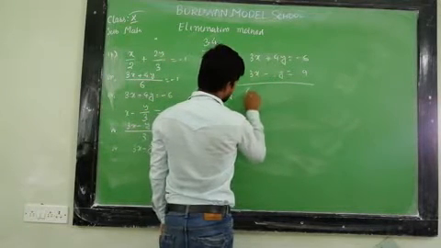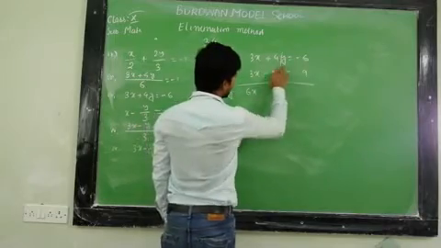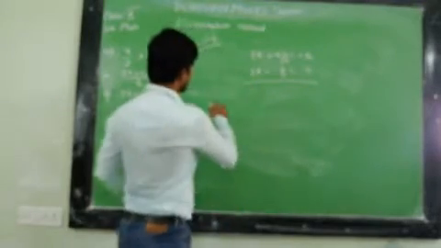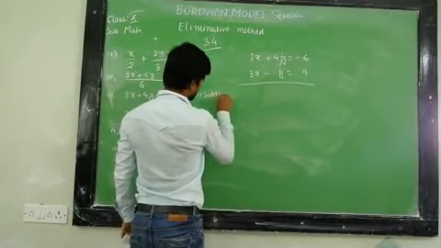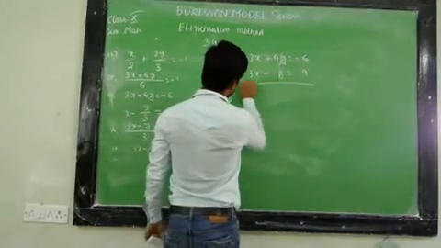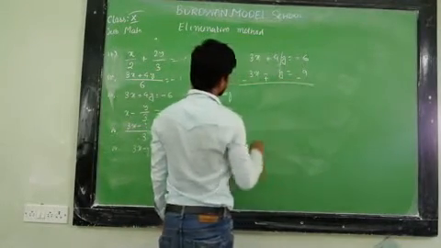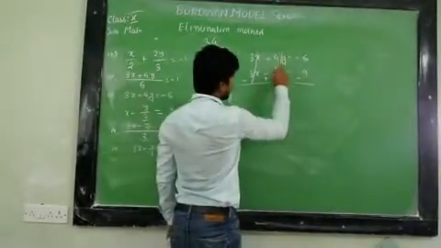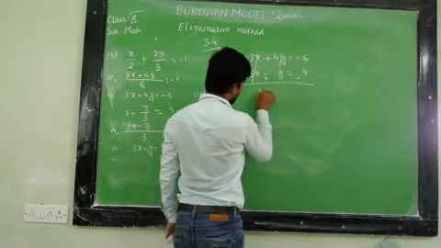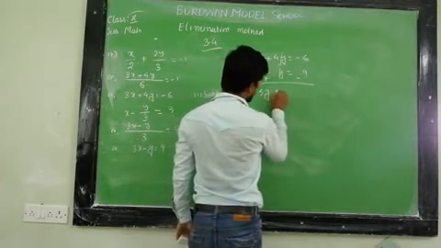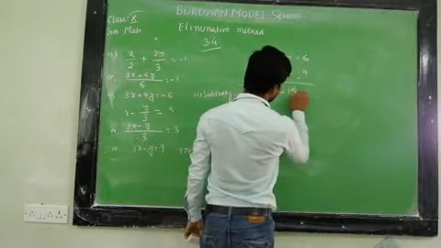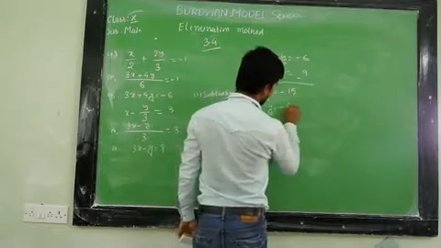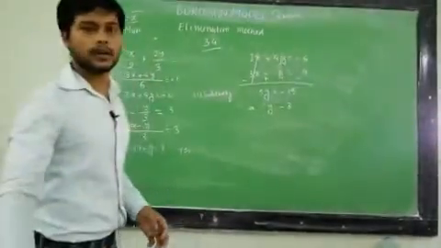Oh sorry, we want to subtract, so 3x and 3x will cancel each other. 4y plus y, that is 5y, is equal to minus 6 minus 9, that is minus 15, which implies y equal to minus 3. So the value of y is equal to minus 3.